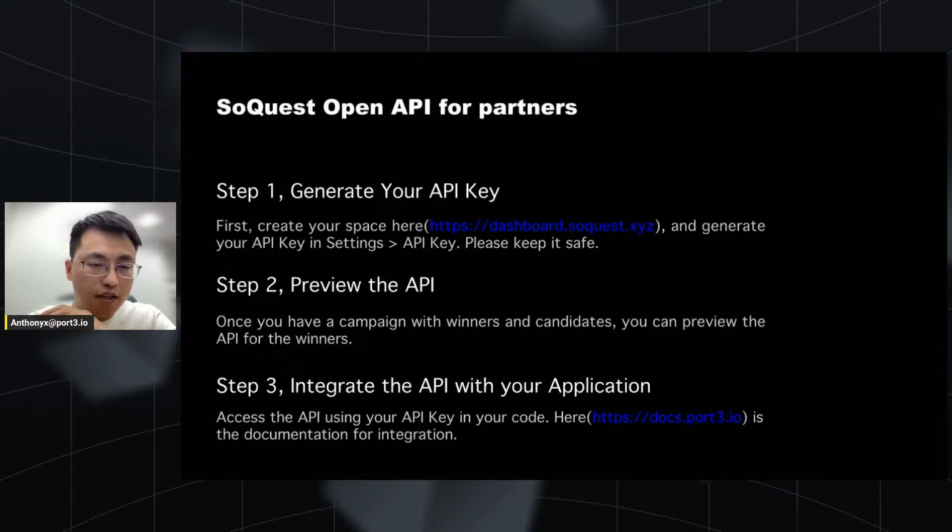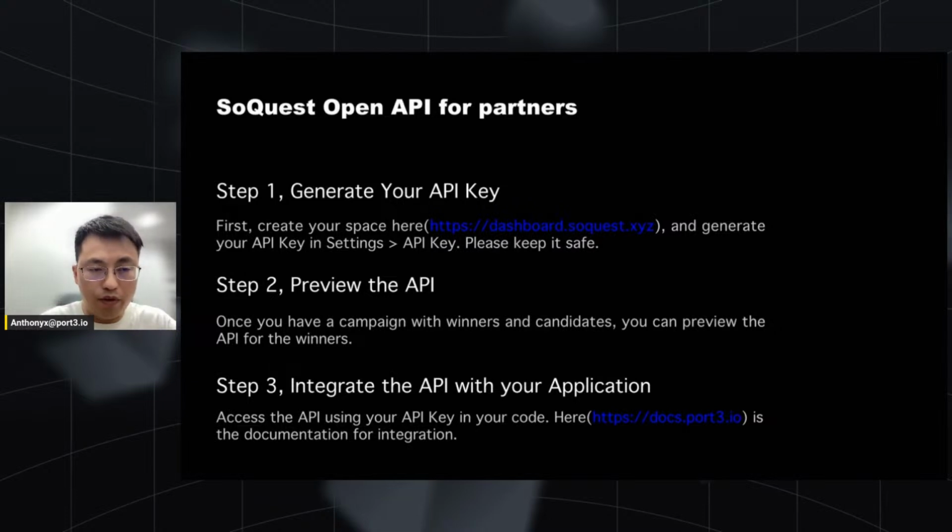And second, then you can preview the API. Once you have launched a campaign and you have some winners or candidates, you can preview the API for winners. And then you can integrate the API with your applications.